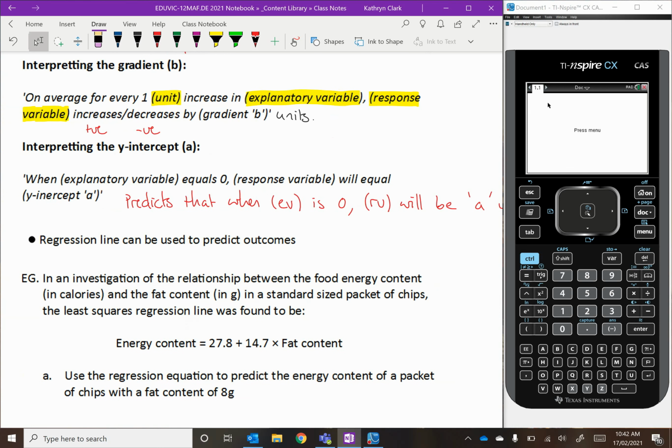So we're talking about it being a prediction rather than making a full-blown statement.